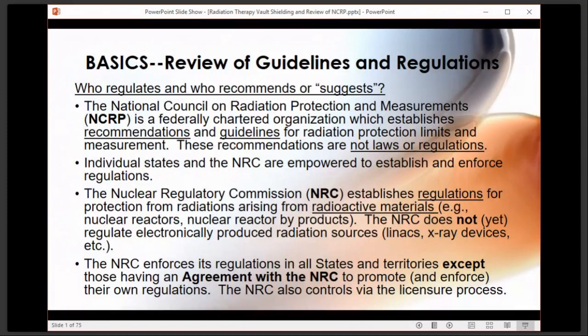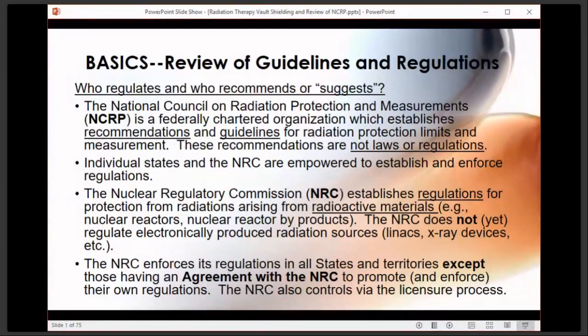Individual states and the NRC are empowered to establish regulations and enforce them. The Nuclear Regulatory Commission establishes regulations for protection from radiation that's coming out of radioactive materials, in particular ones produced by nuclear reactions, often referred to as nuclear reactor byproduct materials.